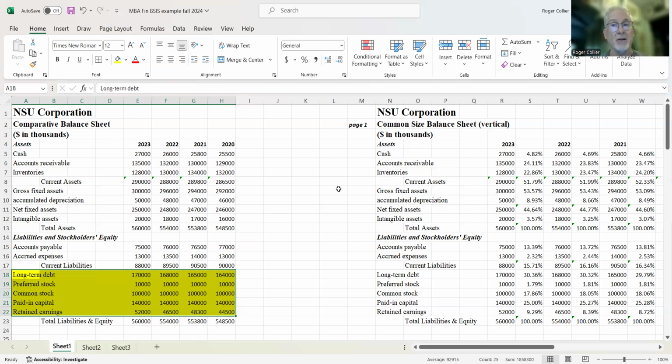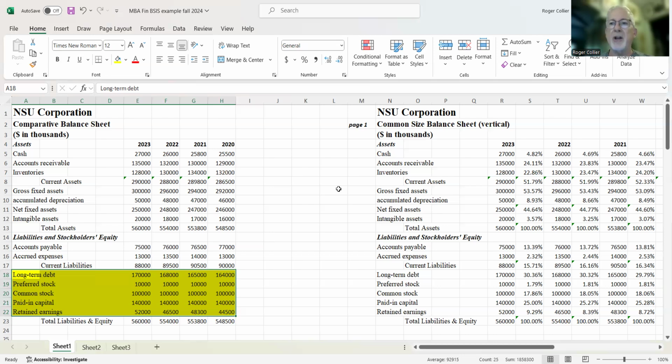We're going to start with long-term debt. And that long-term debt could be any number of things. I mean, debt means borrowed money. They borrowed from the bank. They borrowed from a mortgage broker. They borrowed somewhere, and they borrowed long-term. There are lots of different things that could fall into that account.